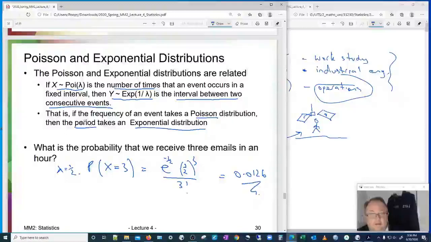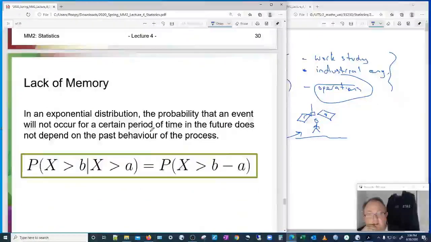Alright, so there's another concept now that comes up. The concept that we'll come up with is the notion of repeatability, independence, expressed through the lens of an exponential distribution using probability.